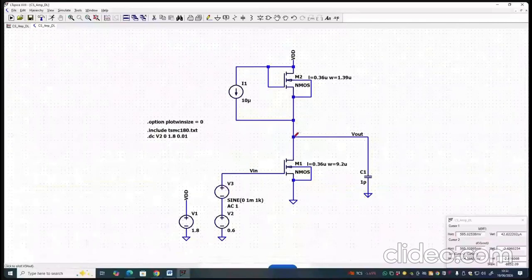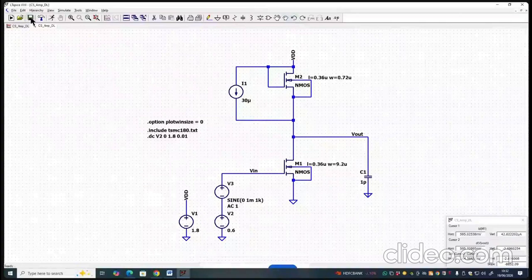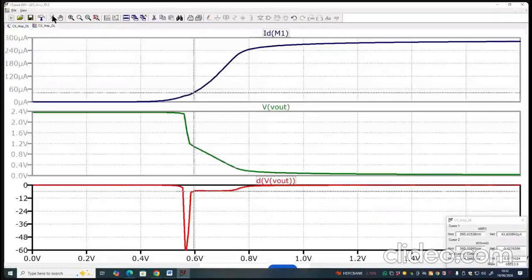Did I make some calculation mistake or what? Because it is not working now. If I revert it back, this is fine.